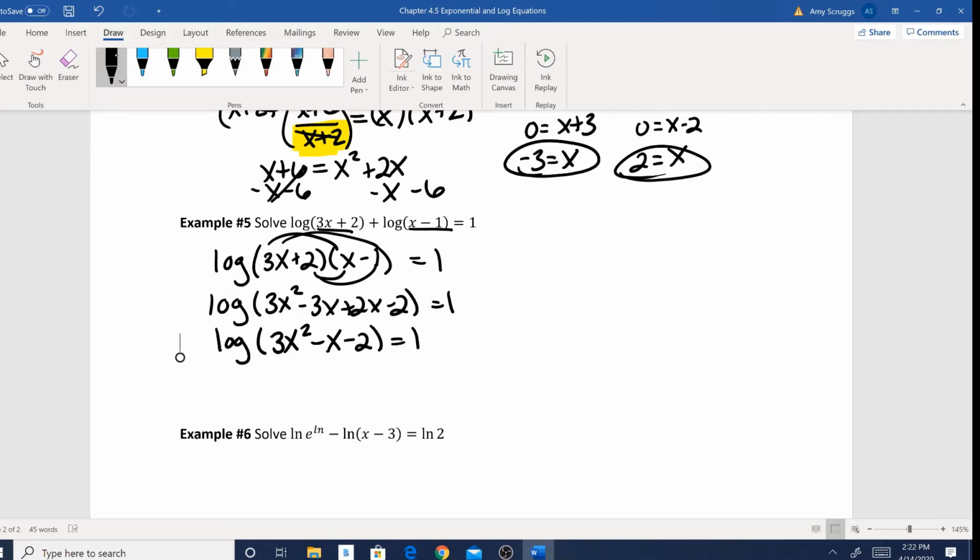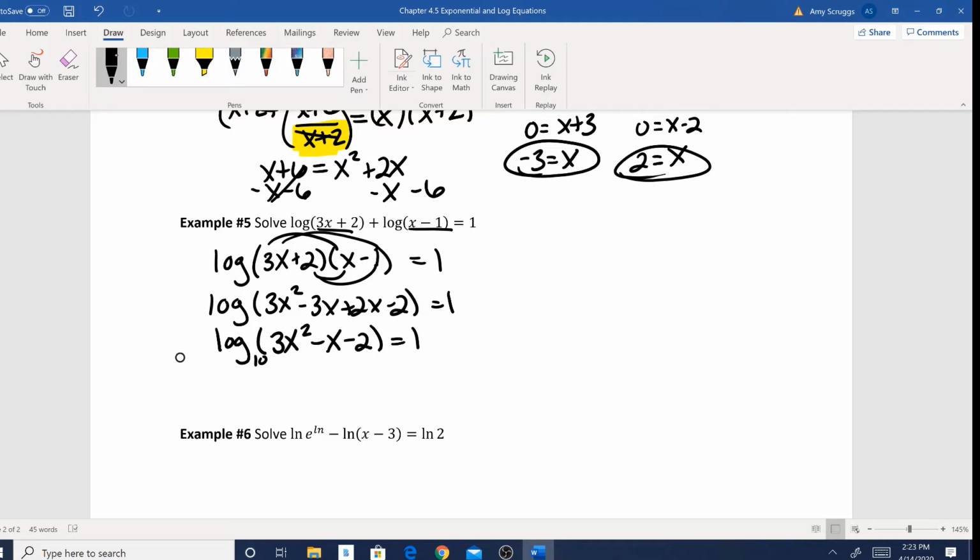Okay. It still doesn't look pretty, but we have just one logarithm equaling just a simple number over here, and it's got a base of, remember, if it's not listed, this is actually base 10. So as ugly as this thing looks, it's actually going to be pretty simple to solve.